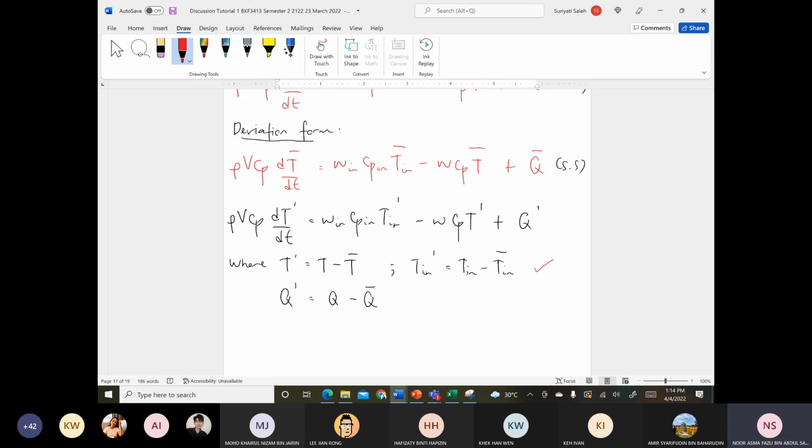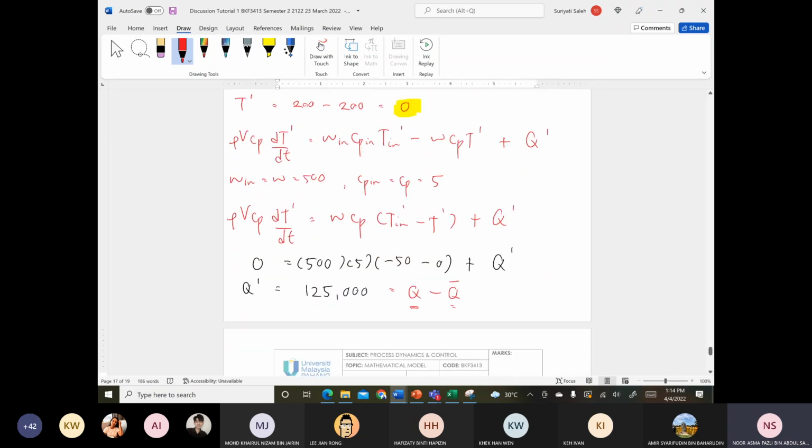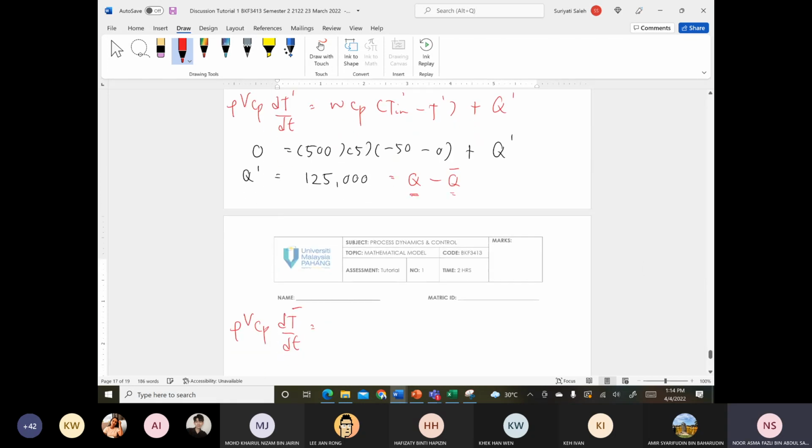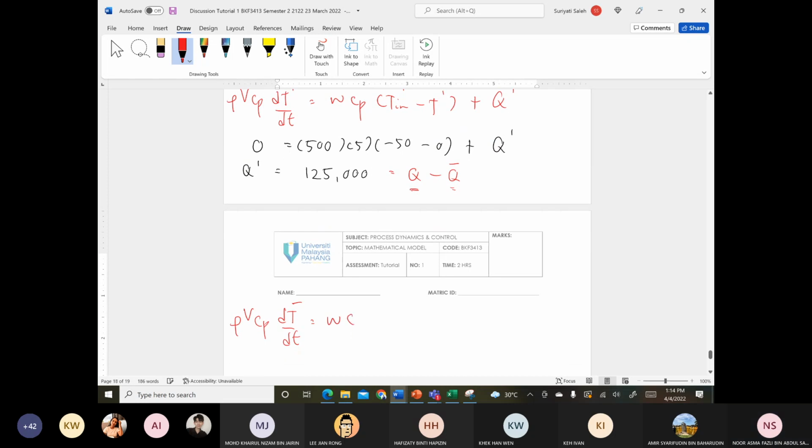The equation for steady state: you can use rho V Cp dT bar over dt equal to W Cp (T in bar minus T bar) plus Q bar. So this represents the equation at steady state.